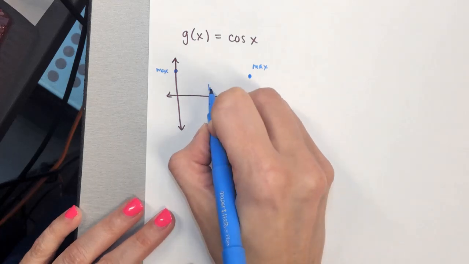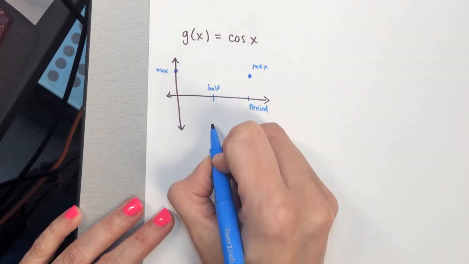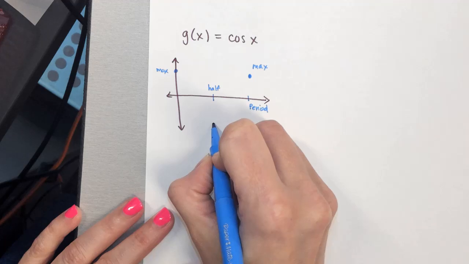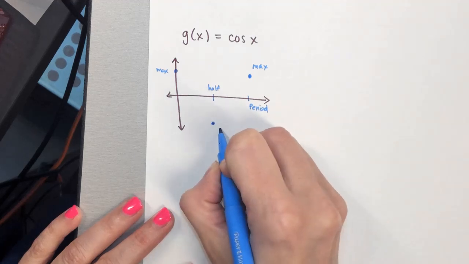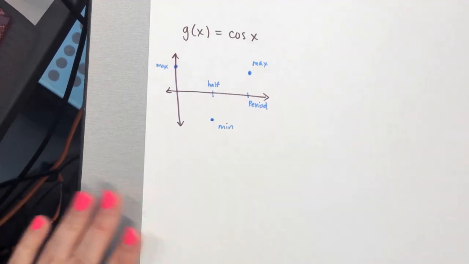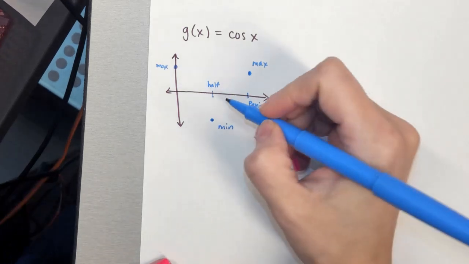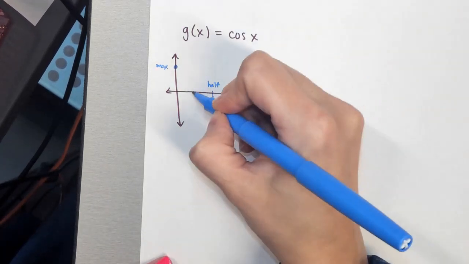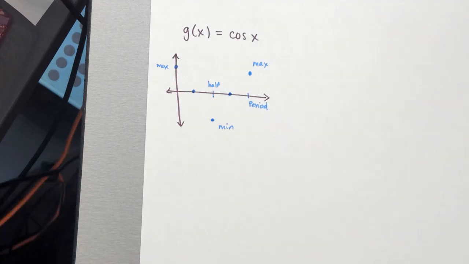It's okay if it's not perfect. I just want you to have a nice looking graph. And then your min value is at the halfway, and then your intercepts are halfway in between those two.